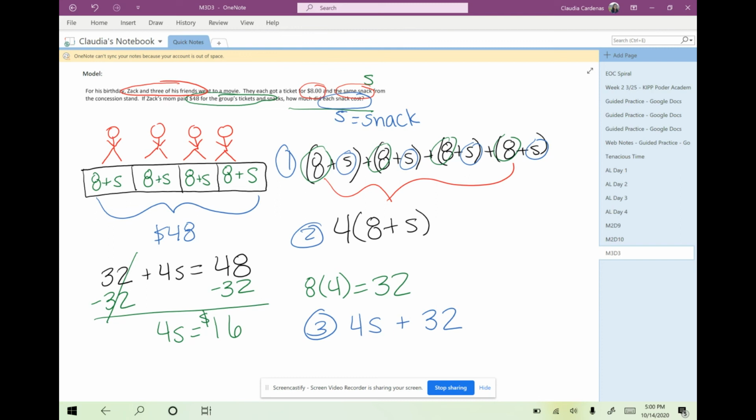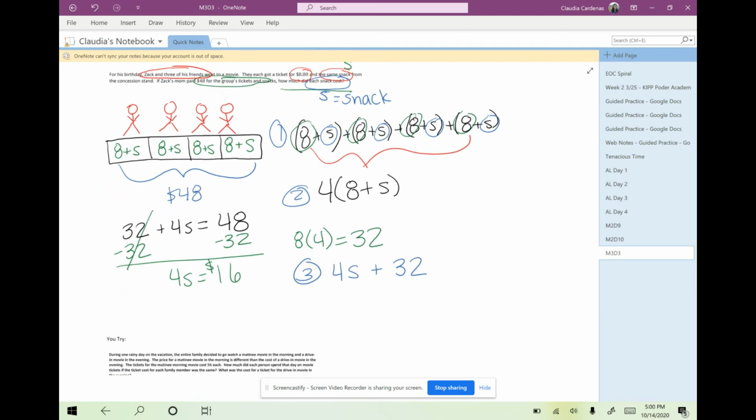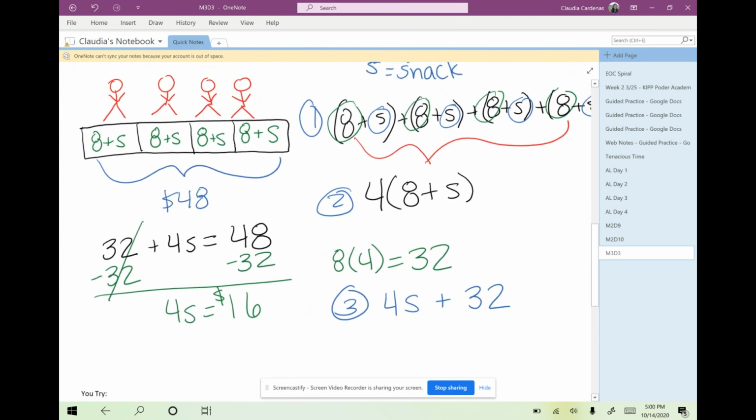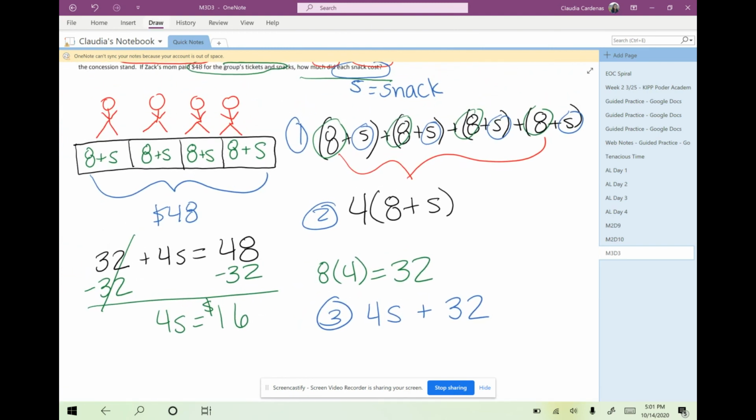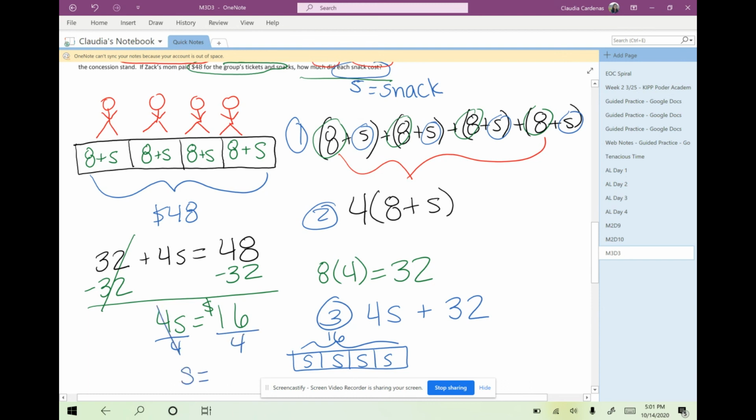So since the price is the same, I know that we have $16 that needs to be broken up evenly among the 4 snacks. So what operation breaks up evenly? Let me just draw a picture really quickly to show that. So if I have 4 snacks, S, S, S, S, and I know the total is 16, then I need to divide 16 by 4 to see how much one snack costs.